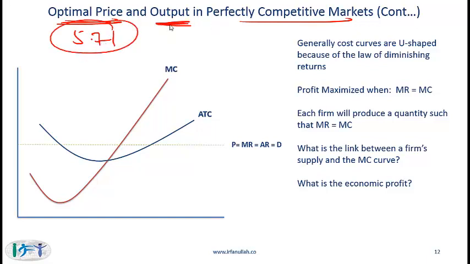But firms also need to figure out how much to produce. So if I am one particular firm, I need to figure out what quantity to produce. This is not going to be defined by the market, because as far as the market is concerned, I can sell as much as I want. If I sell one orange or 5,000 oranges, I'll be selling each orange for this particular amount.